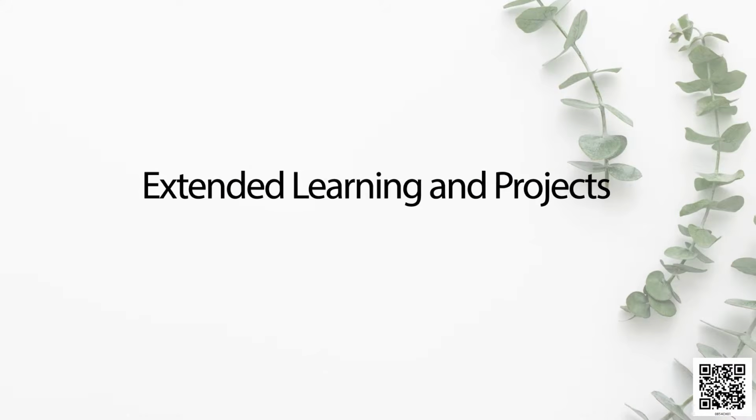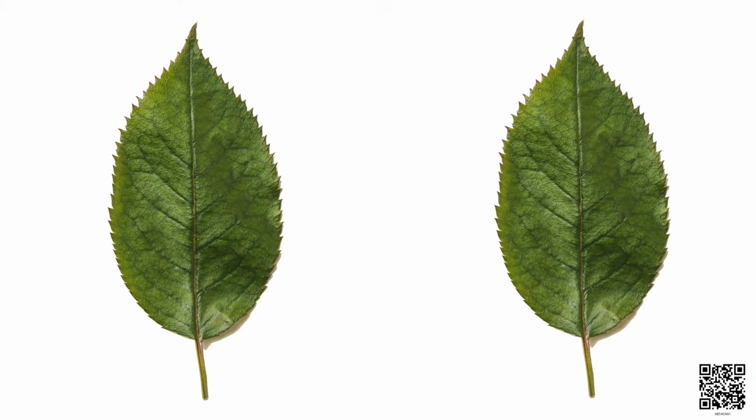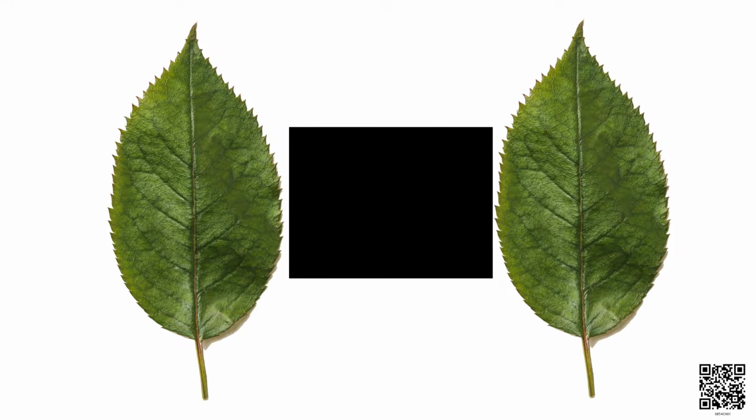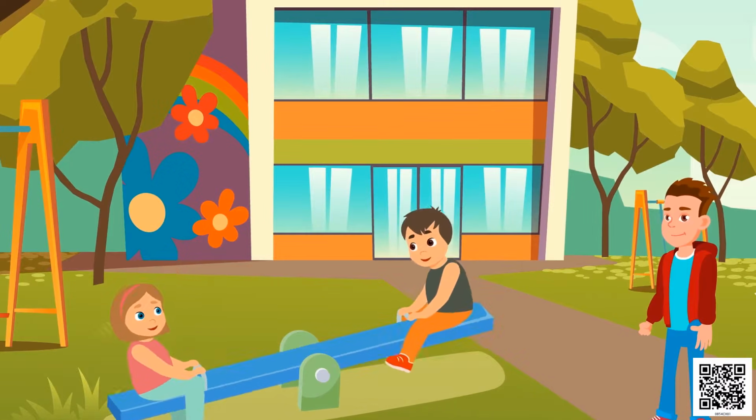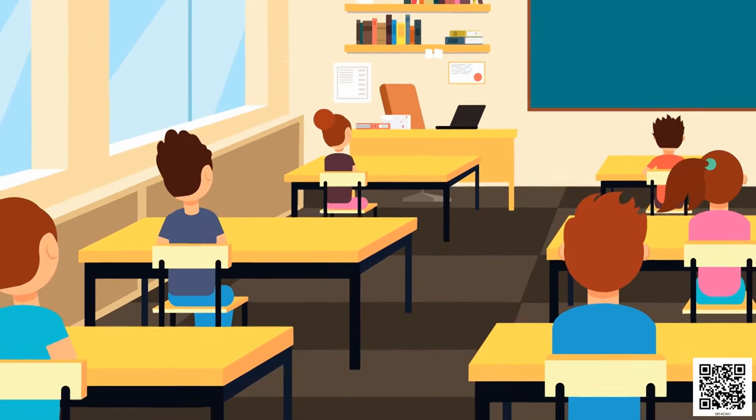Now let us talk about extended learning, activities and projects. Take a potted plant with broad leaves. Take 2 strips of black paper and cut out a small square in their centers. Cover a part of 2 leaves with these papers and secure them with paper clips.